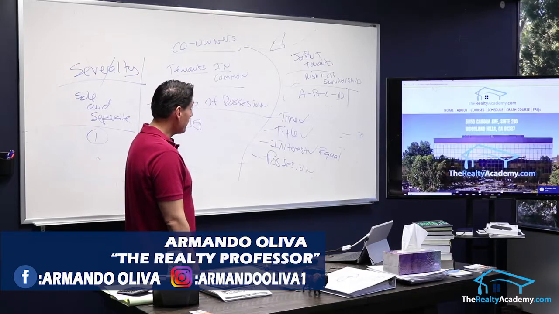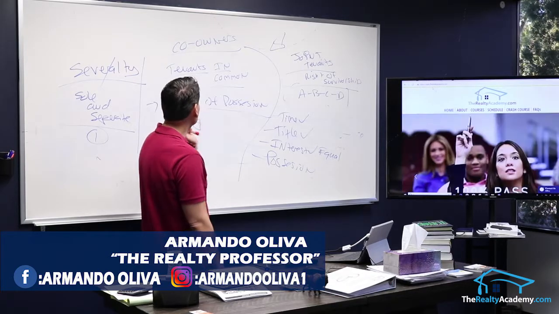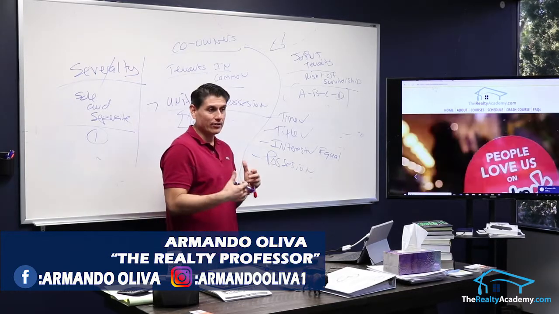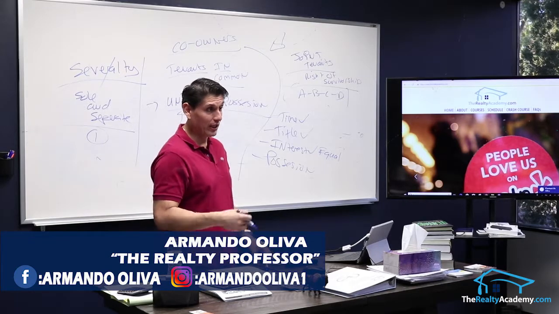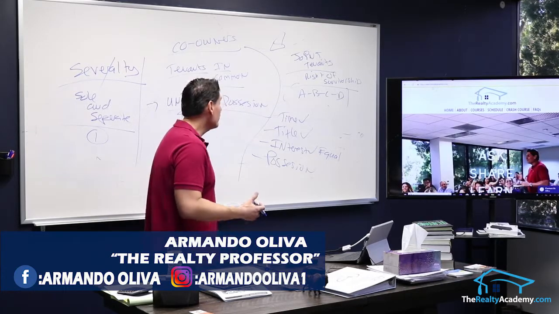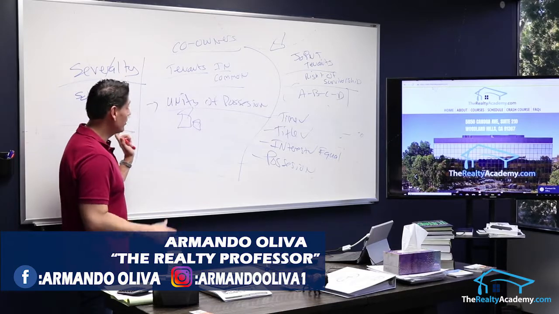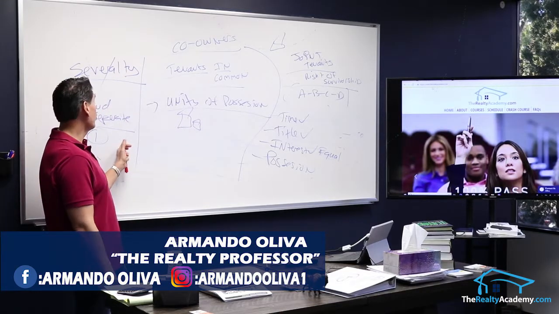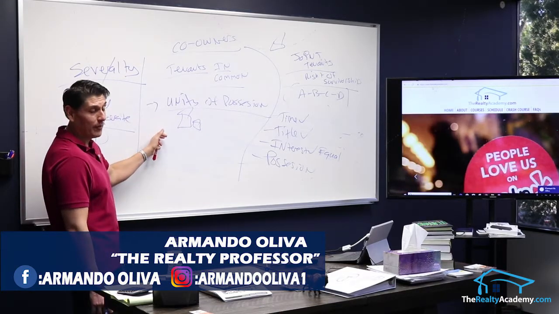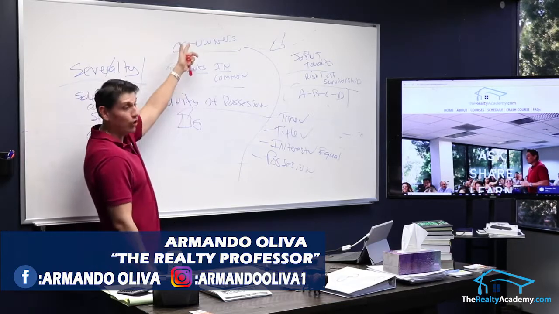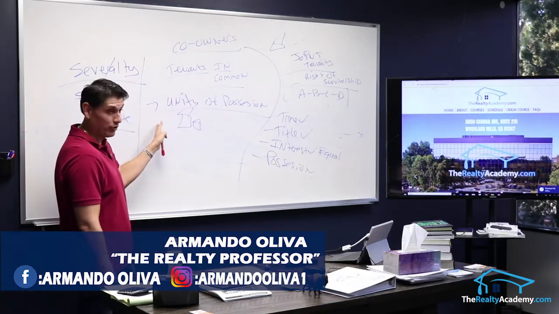Now, it's important to know that we as licensees don't ever want to instruct the client on how to hold title, but for the state exam, we need to know these different types. So severalty, sole and separate, tenants in common. The most common type of co-ownership really just requires unity of possession.